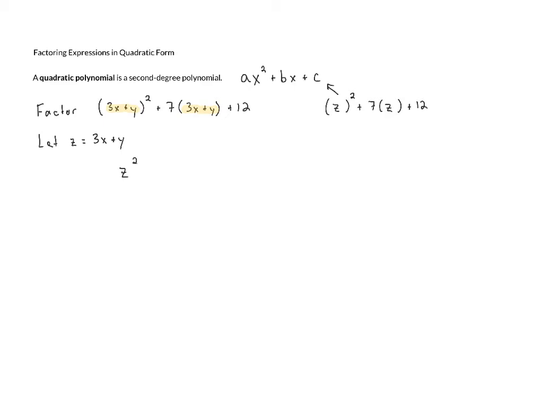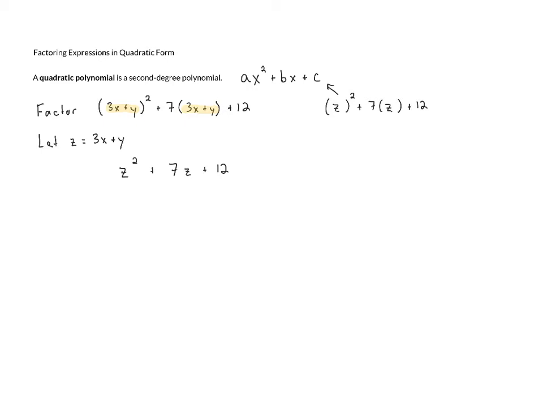So that's going to be z squared plus 7 times, and again, that 3x plus y gets replaced with z plus 12. By making this substitution, we've taken something that was relatively complicated and we've rewritten it as a quadratic polynomial. And at this point, we have something that we do know how to factor.